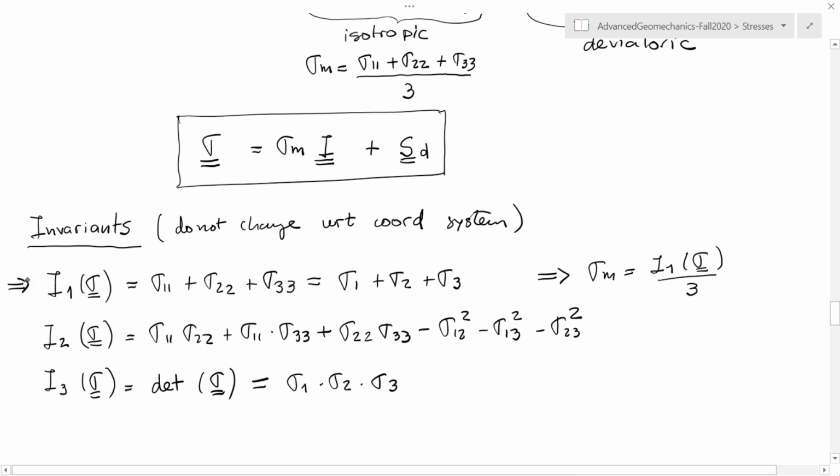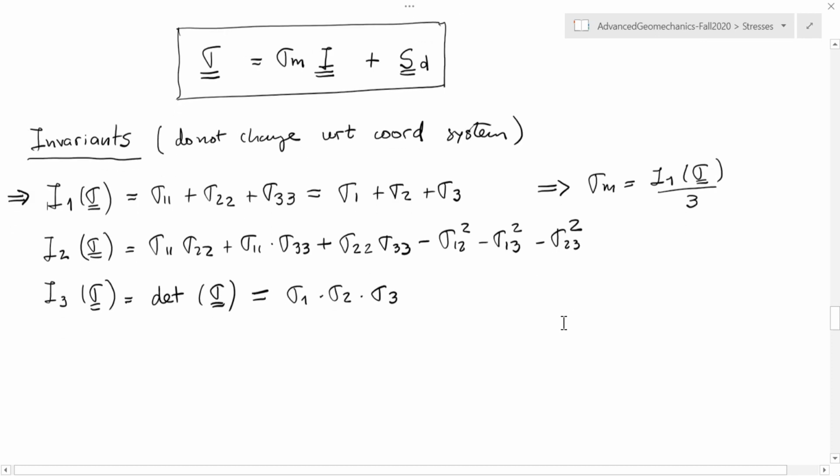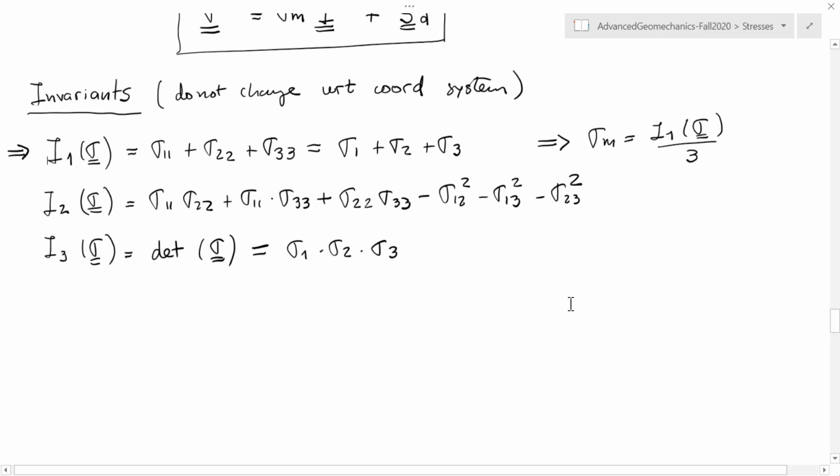And notice that now we just reduce the isotropic tensor to just one value. Sometimes we use the entire invariant, invariant number 1, or some other times we just use mean stress, which is a little bit more handy to use. These are the invariants of the stress tensor.